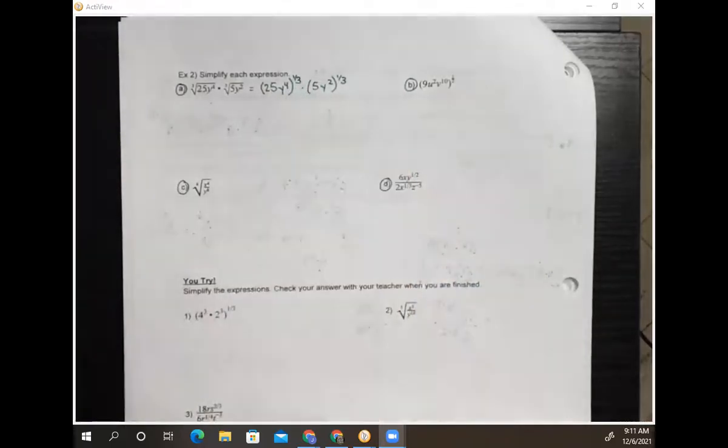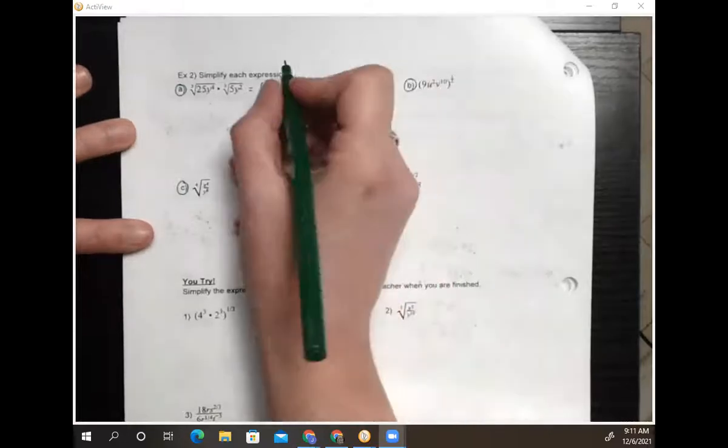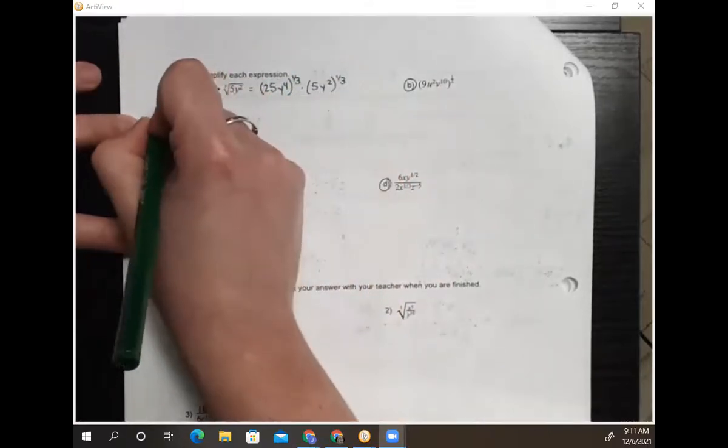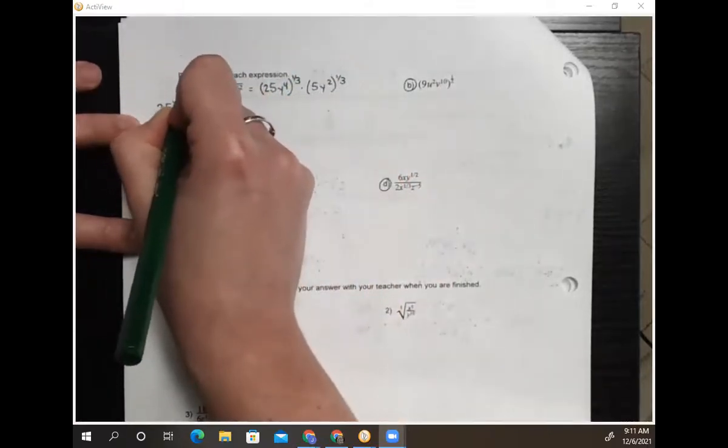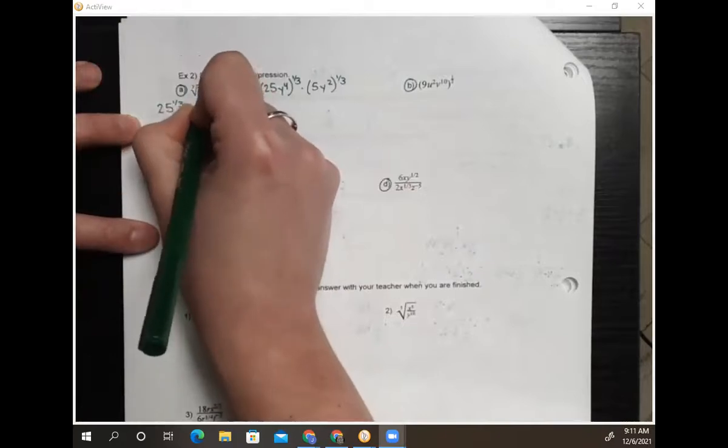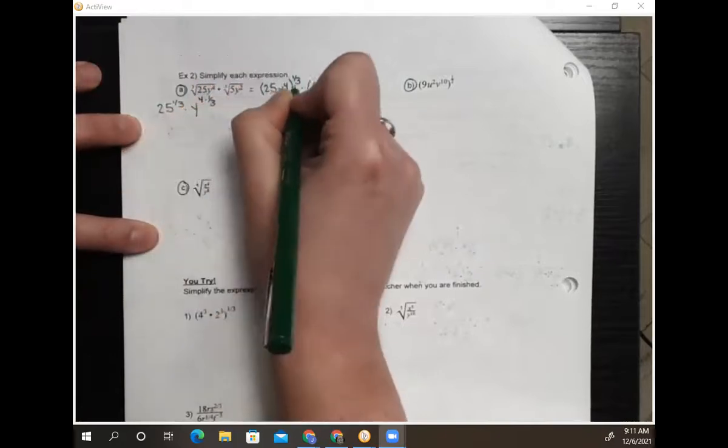Now I have an exponent outside of parentheses. We distribute that in. We've done that before. And that's why I switched it to an exponent, because we're more familiar with these exponent rules. We've done more work with exponents than we have with roots. So again, I'm sticking with stuff that we've seen more often. So I'm going to go ahead and distribute this in. This would be 25 to the 1/3 power times y to the 4 times 1/3.